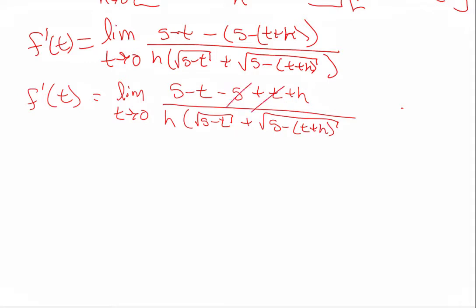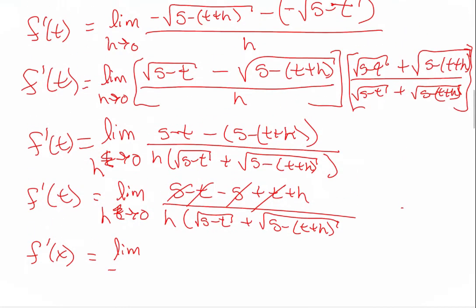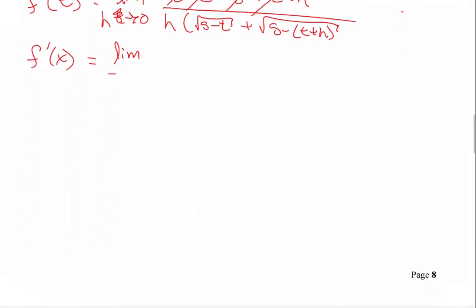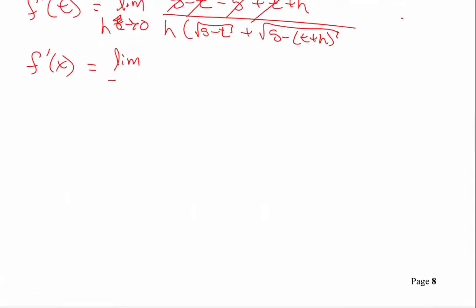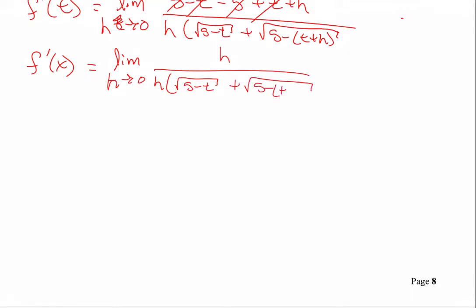Everything but the h cancels out. So what I'm left with is the derivative equals the limit as, not t, that should be h, as h goes to 0 of h over h times the square root of 5 minus t plus the square root of 5 minus t plus h.